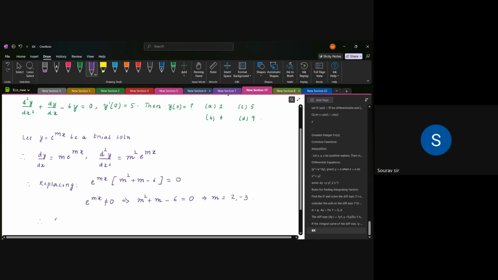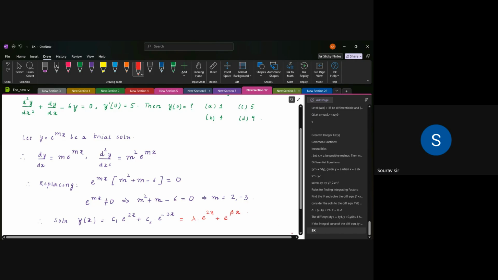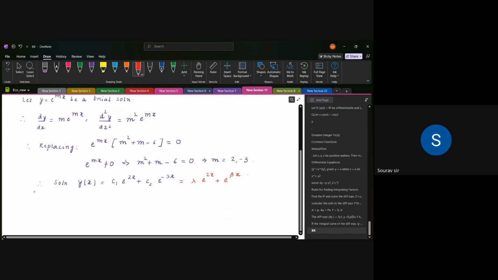Correct. That means your solution, ideally, y of x should be c1 times e to the power 2x plus c2 times e to the power minus 3x, right? And exactly that is what is given as the structure of the solution: lambda times e raised to the power 2x plus e raised to the power beta x.